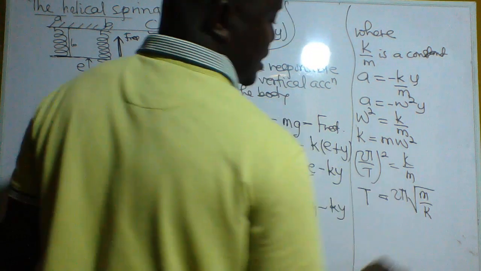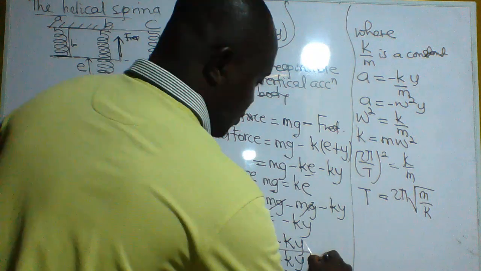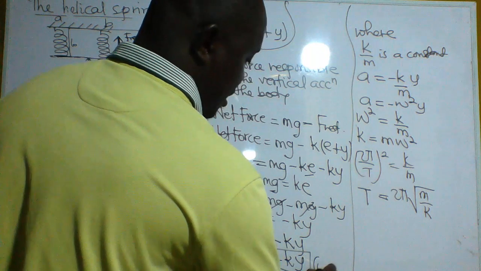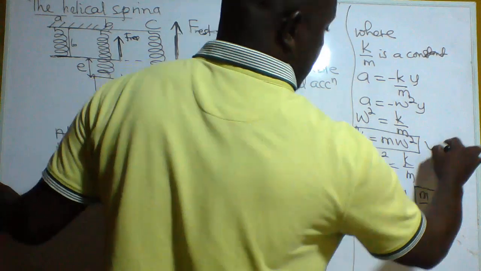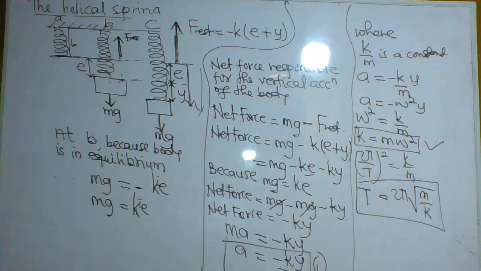This is a relation for the period of oscillation of a helical spring. So the equations we derived so far are 1, 2, and then 3 for the helical or the loaded spring.